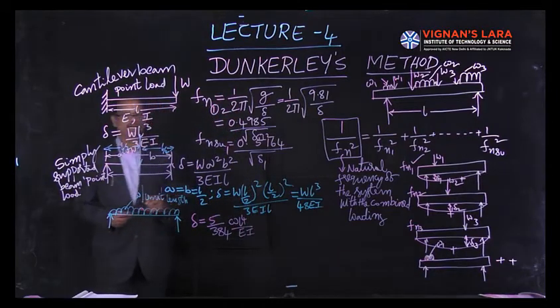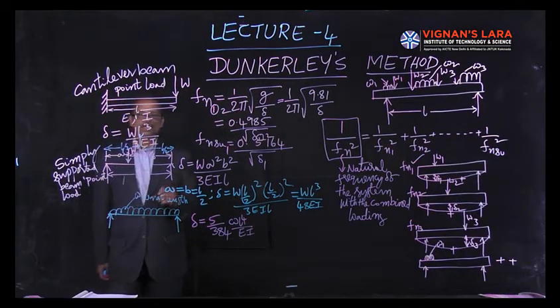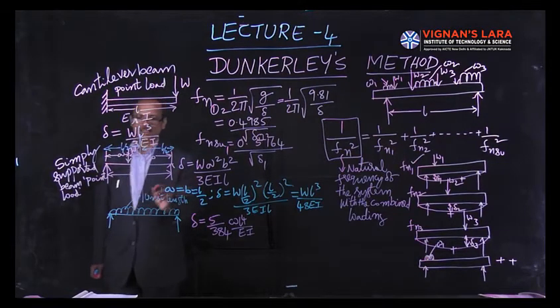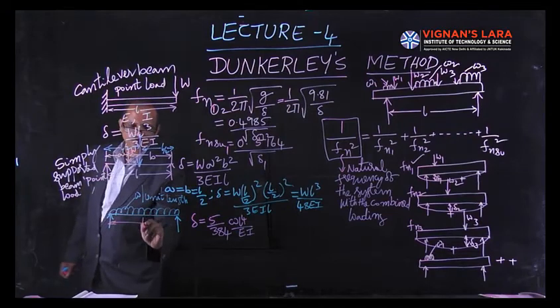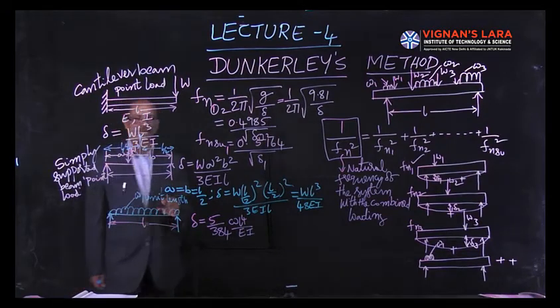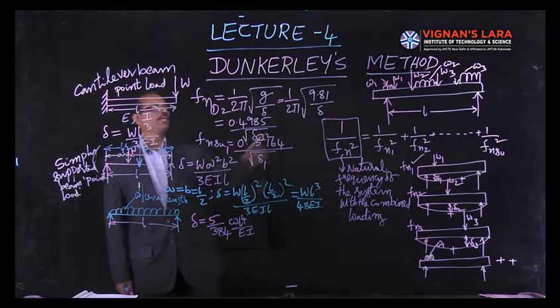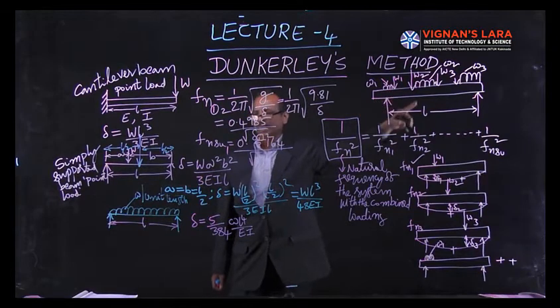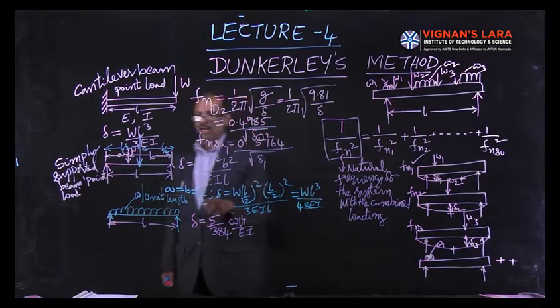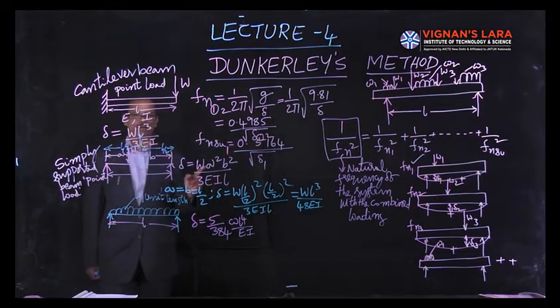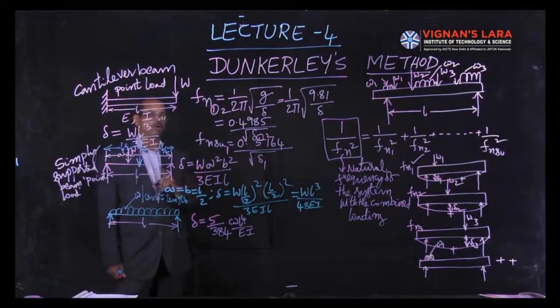So this is UDL with W per unit length for the entire length of the span. So delta becomes 5 by 384 WL to the power of 4 by EI. In case the load is not over the entire length of the span, then you have to write separate equations treating them as independent ones.